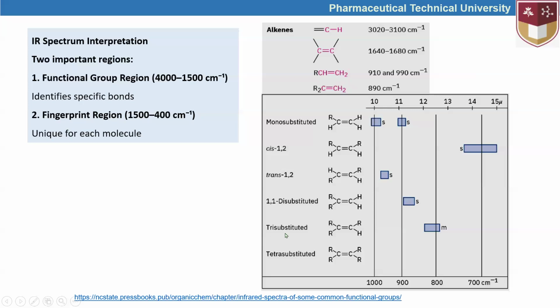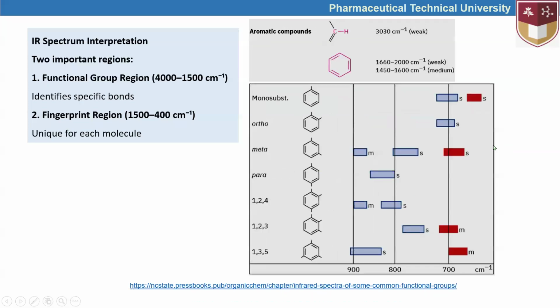And in tri-substituted compounds, one hydrogen is the only one remaining here. We can see an even smaller wave number. In tetra-substituted derivatives, we can see the complete disappearance of the wave number that could cause the absorbance of infrared light.